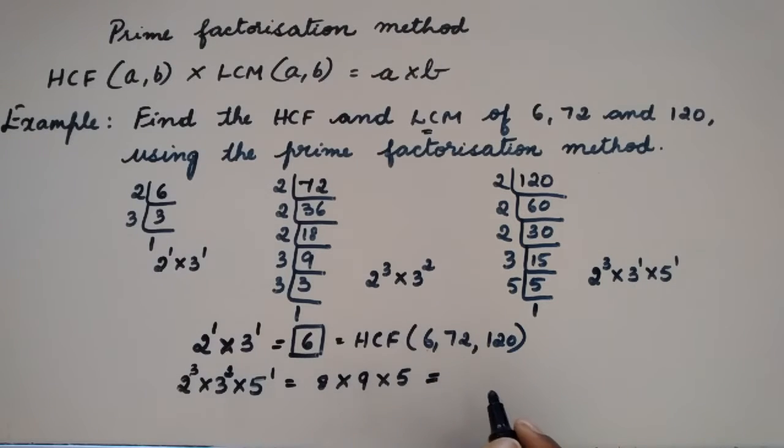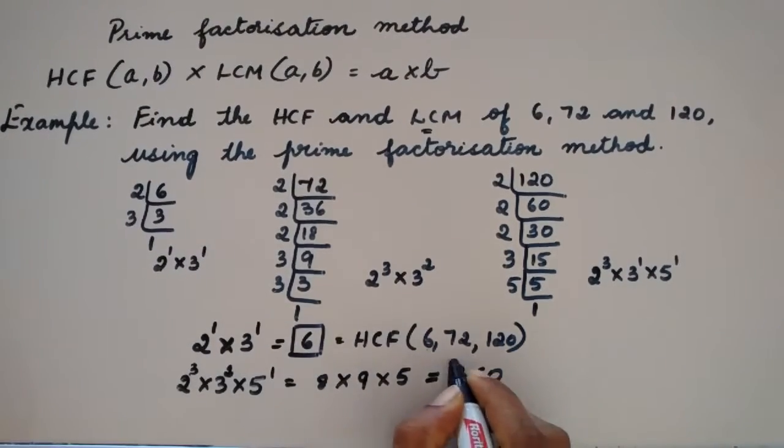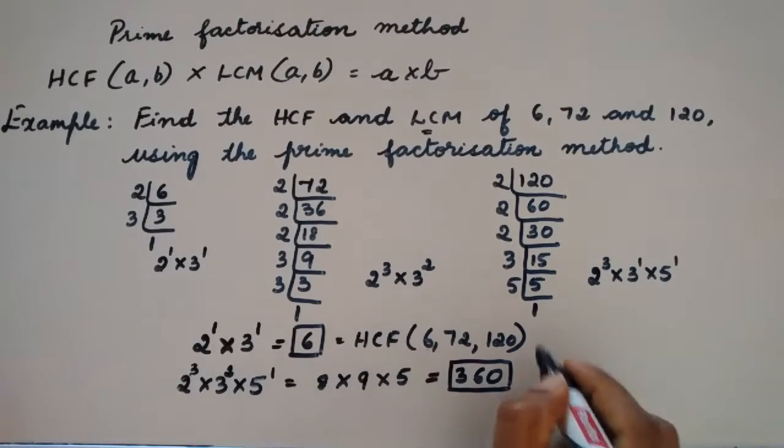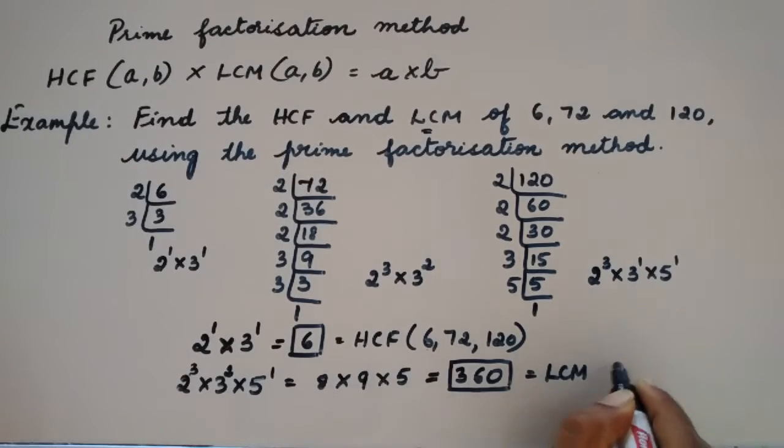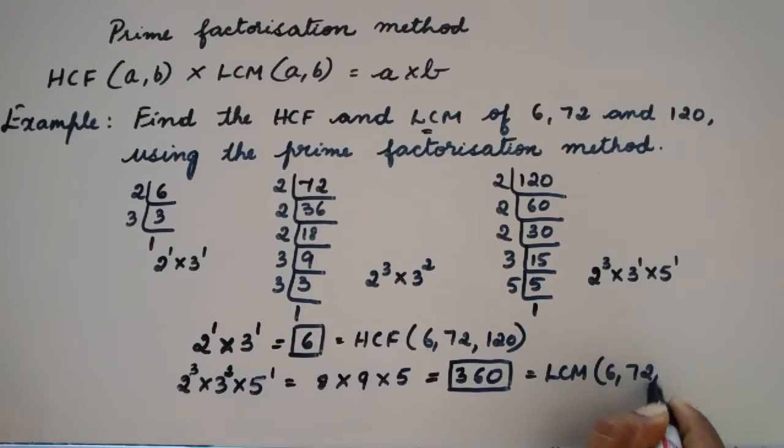So here we get the result. How much is it? 360. Okay. So LCM of 672 and 120 is 360.